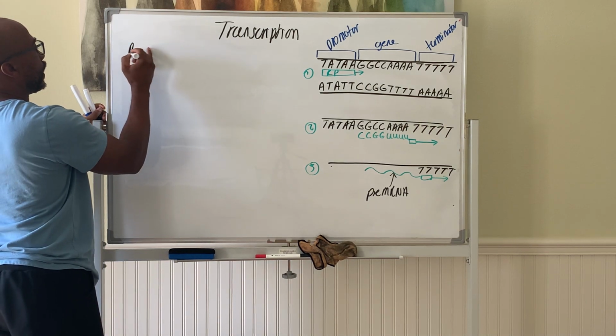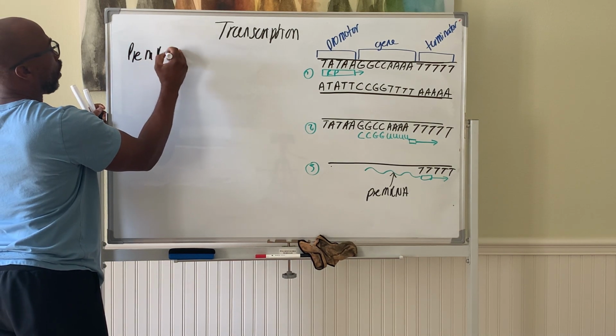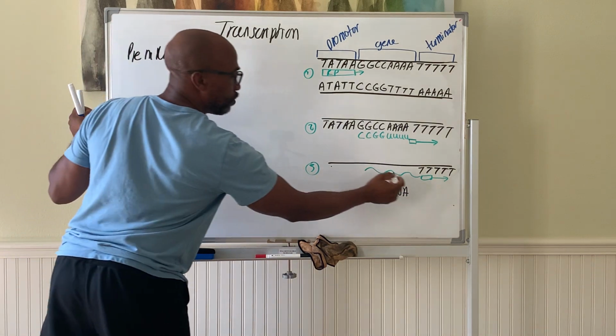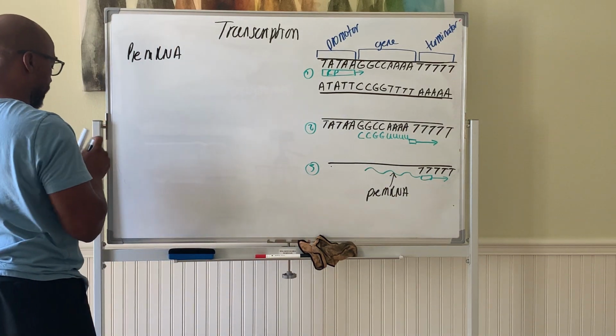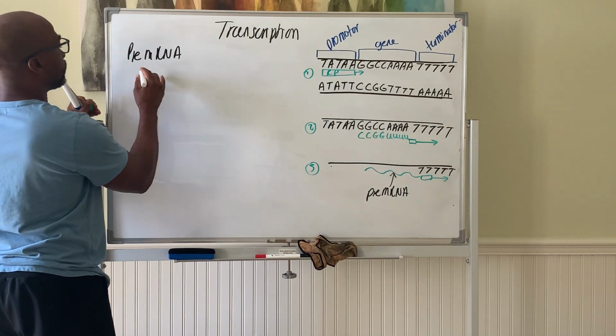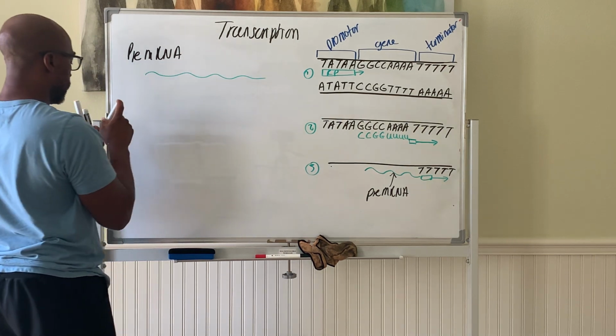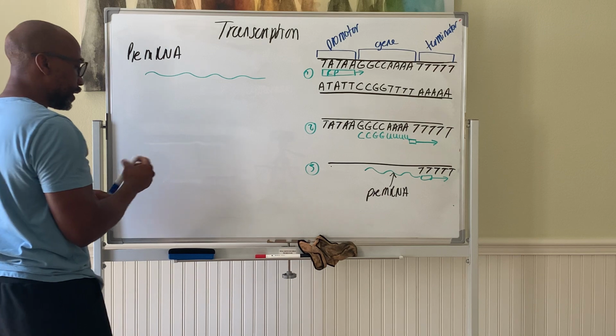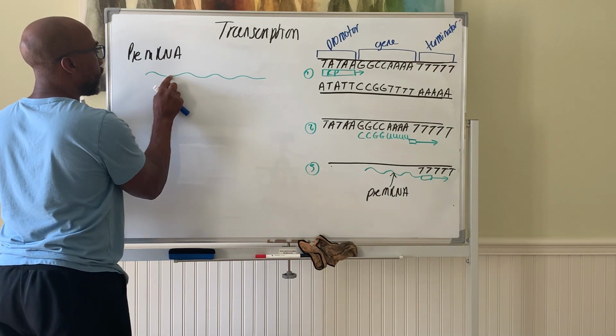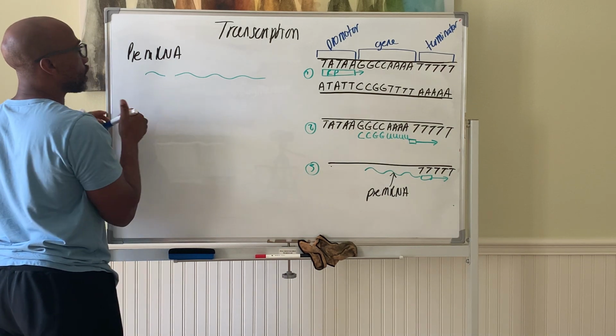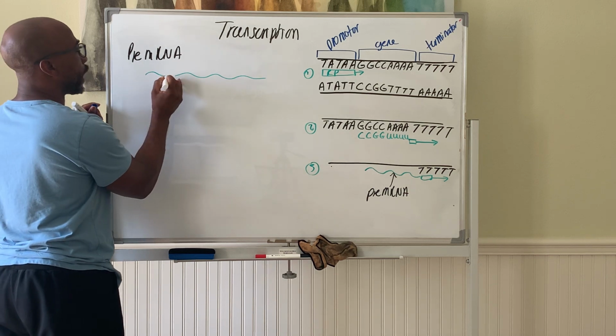The pre-mRNA that's just made by the RNA polymerase will contain regions that are coding and regions which are non-coding, meaning it has some junk in it, basically.